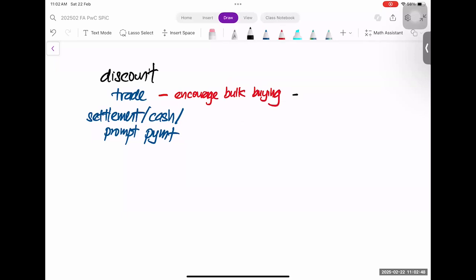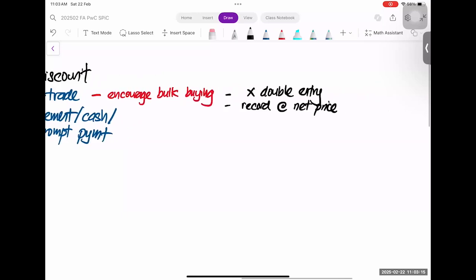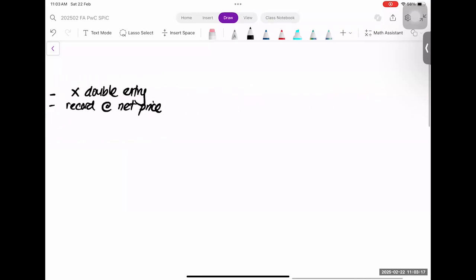So for trade discount, there is no double entry. We will record using what we call the net price. What does it mean by net price? So, before we continue, some other terminologies that you need to know.